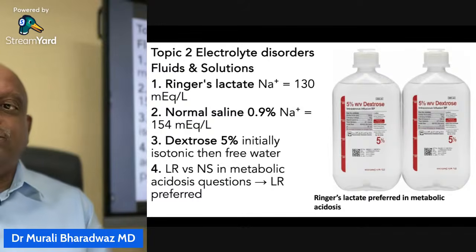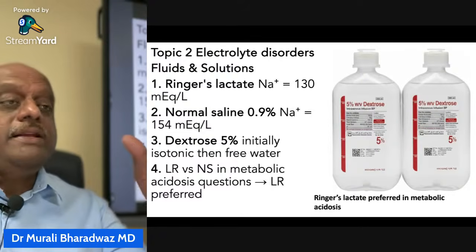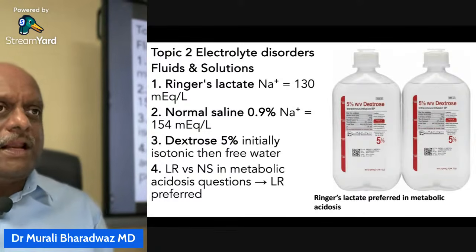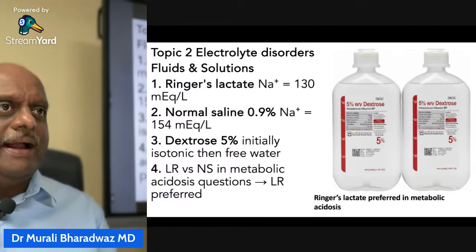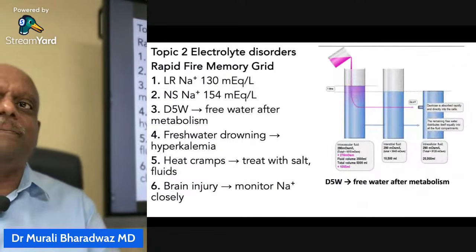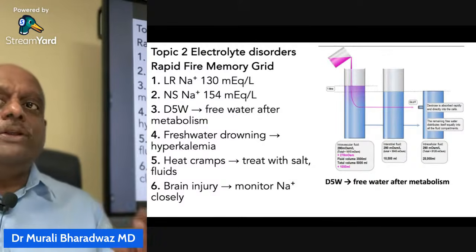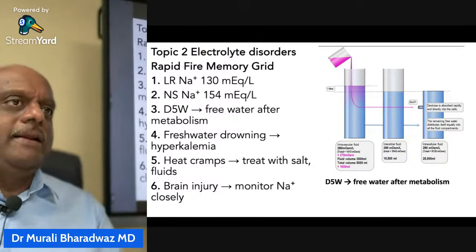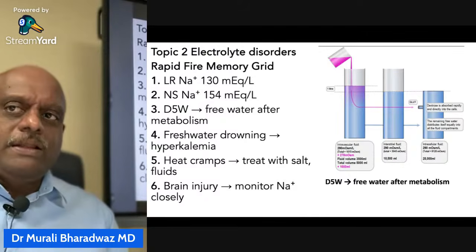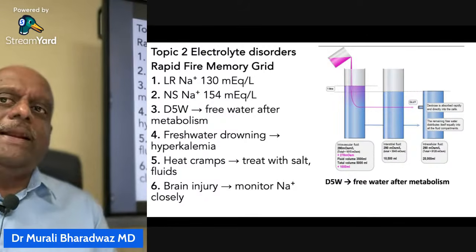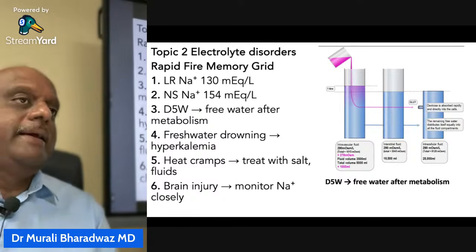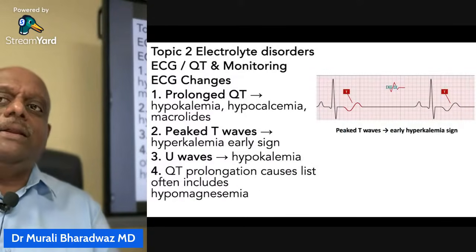Then whenever there is a metabolic acidosis, do you prefer ringer lactate or normal saline is a favorite question. Ringer lactate is the fluid of choice. So how much sodium is there in ringer lactate? 130 milliequivalents per liter. Sodium in normal saline, 154 milliequivalents per liter. Freshwater drowning is hyperkalemia. So these are the fundamentals.